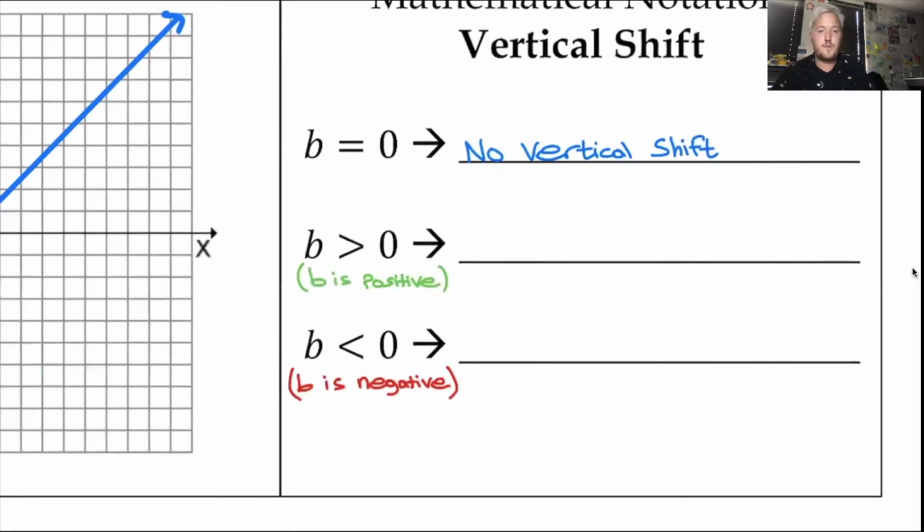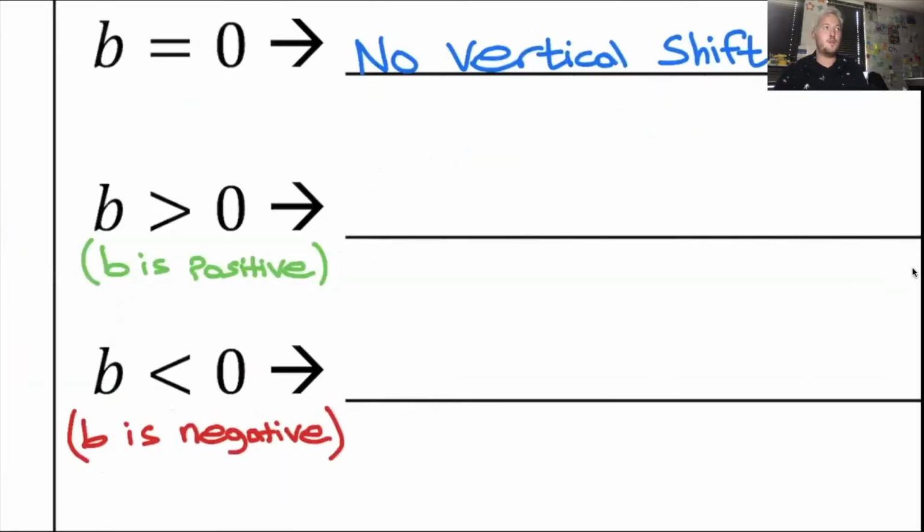If our b is positive, like plus 5, plus 6, plus 9, plus 10, then that means it's going to shift up whatever that number is.